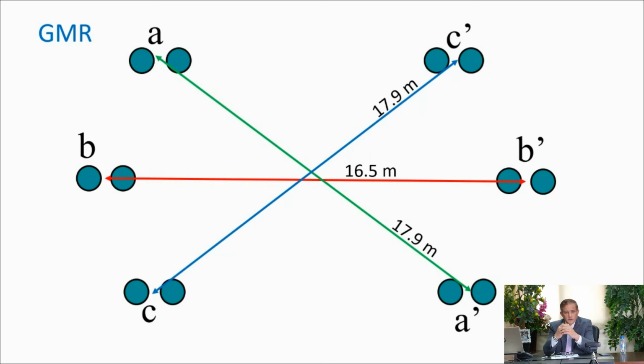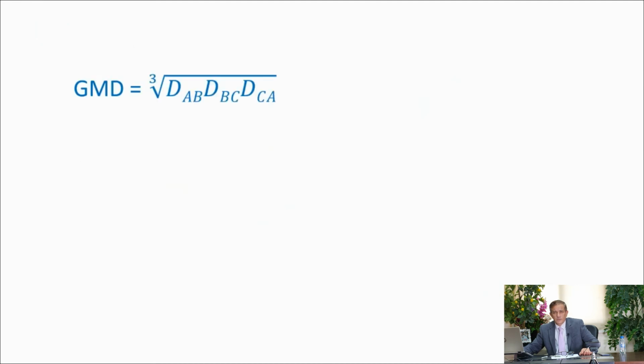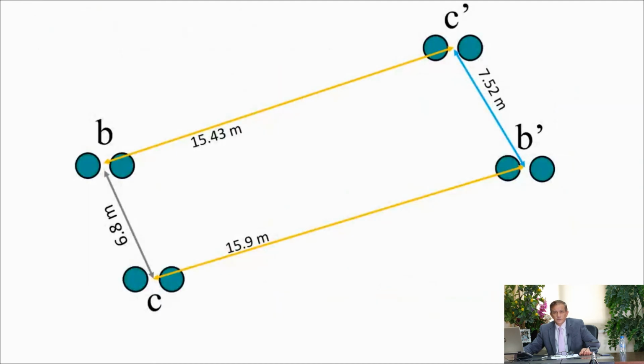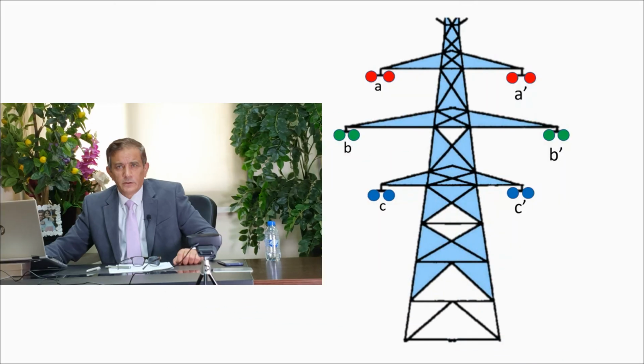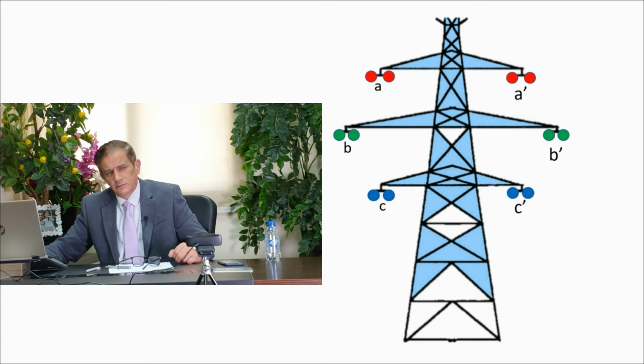We have to be focused, because if you remember when we started, we said that the transmission line can be in two different arrangements. This arrangement or this arrangement or this arrangement, this or this. If this was the case, my calculation will be different.